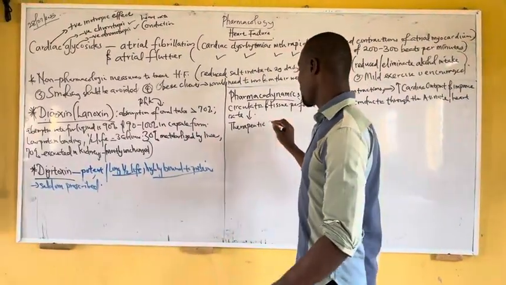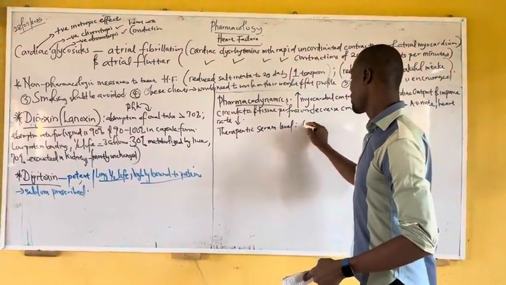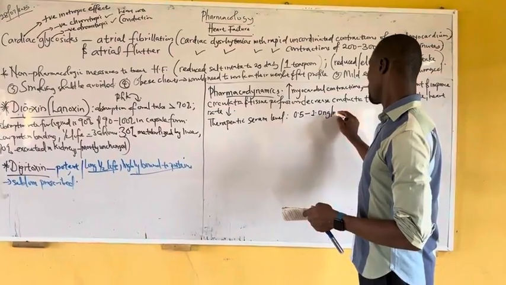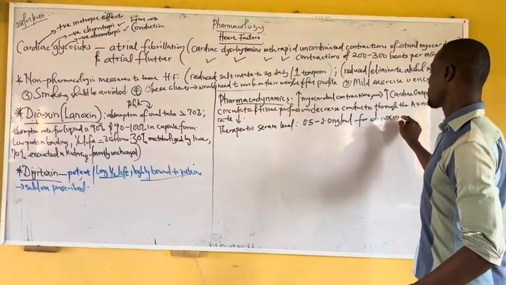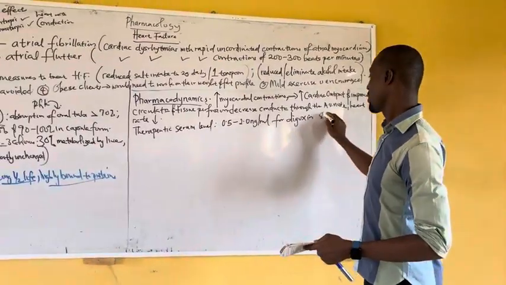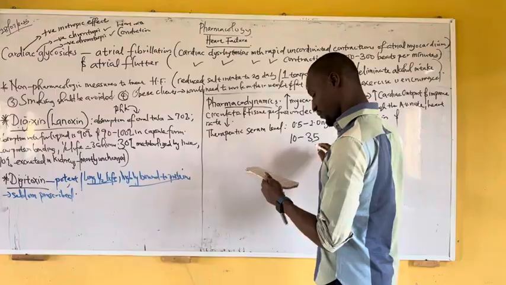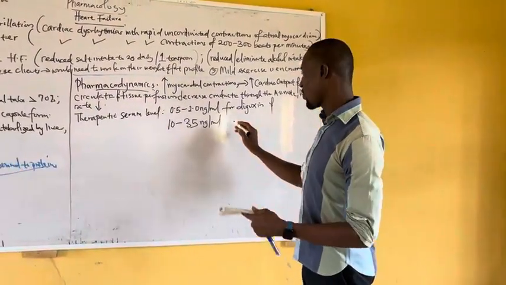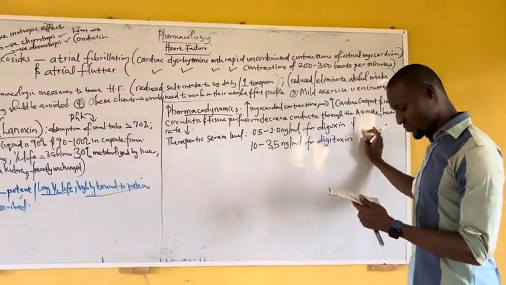So that was where I was, and I said therapeutic serum levels. Therapeutic serum level is 0.5 to 2.0 nanogram per mL for digoxin, and 10 to 35 nanogram per mL for digitoxin.